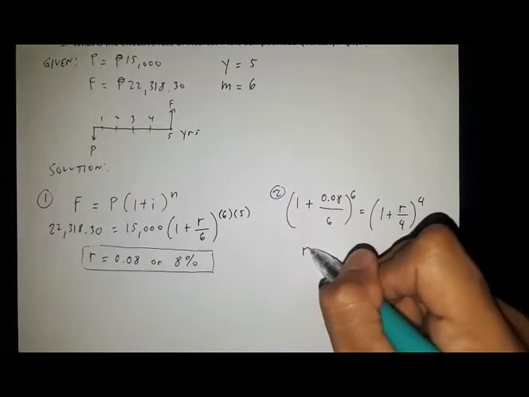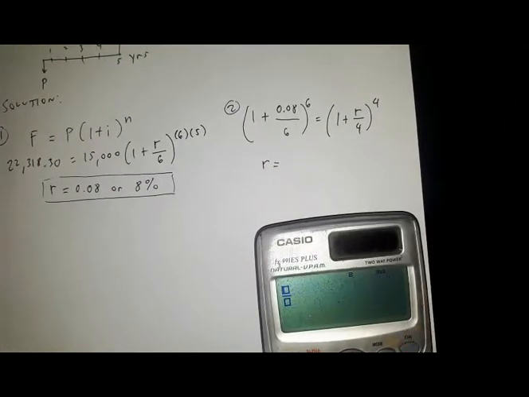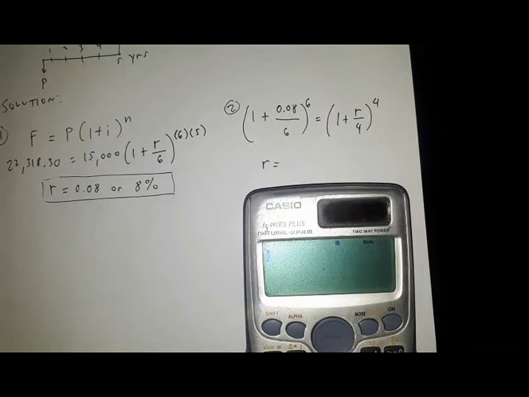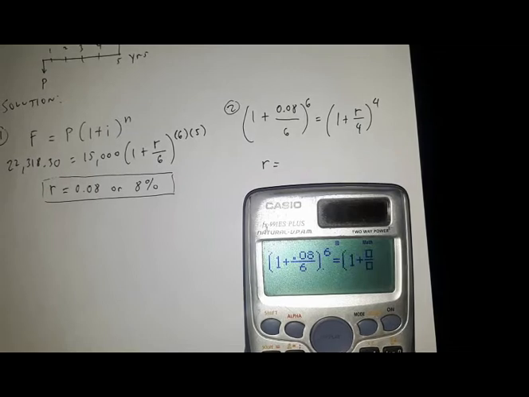So the value of R for number 2 is equal to 1 plus 0.08 over 6 raised to 6 equals 1 plus the equivalent rate over 4 raised to 4.